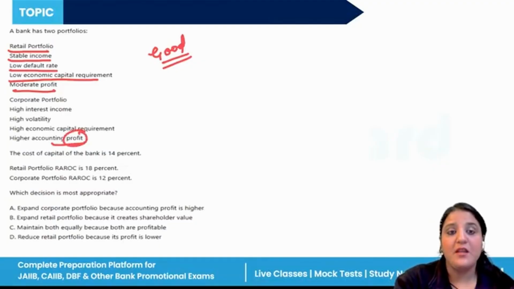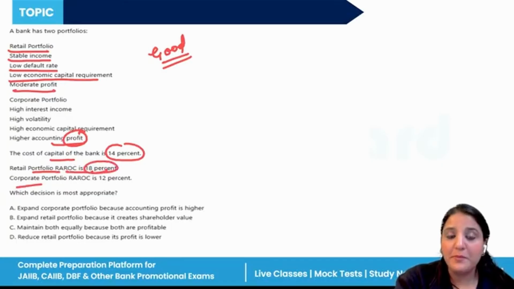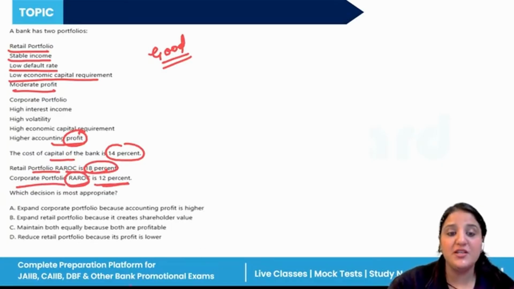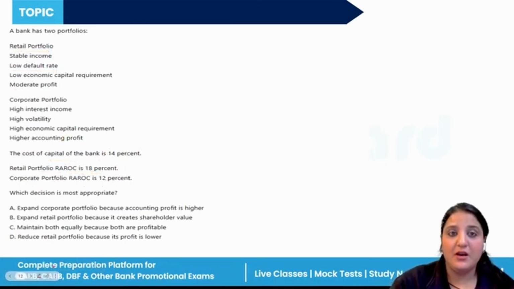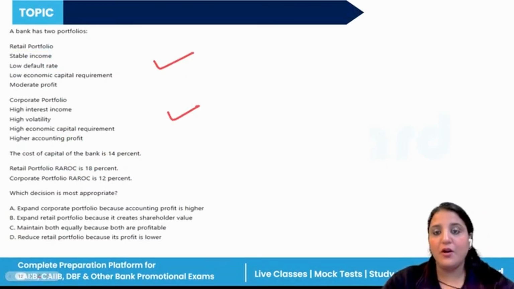Say the cost of capital of the bank is 14%, retail portfolio RAROC is 18%, corporate portfolio RAROC is 12%. So which decision is appropriate? Retail portfolio or corporate portfolio? According to you, which portfolio is best in that case?